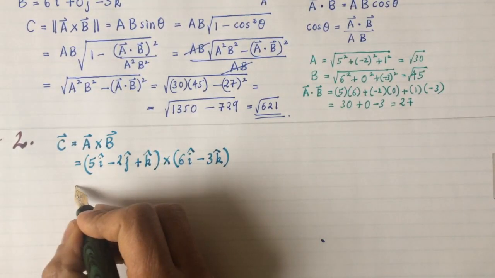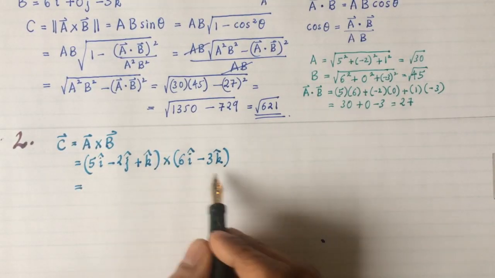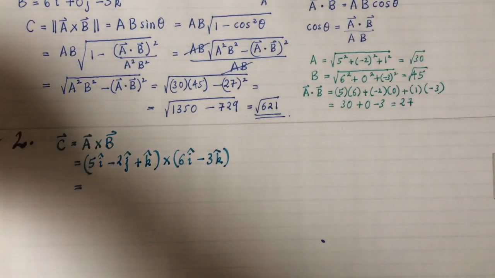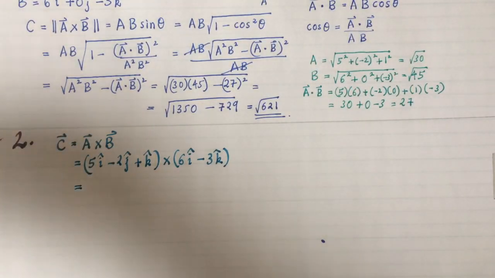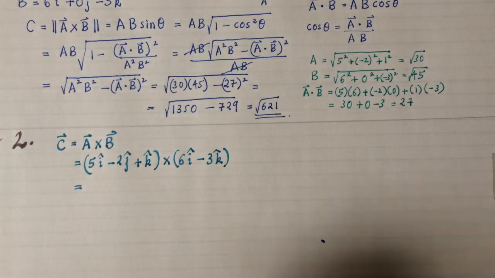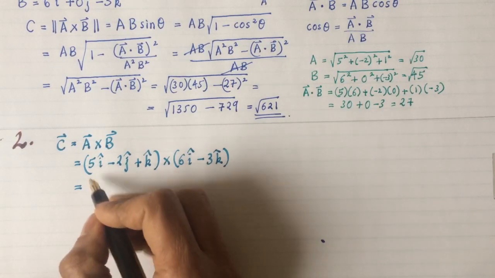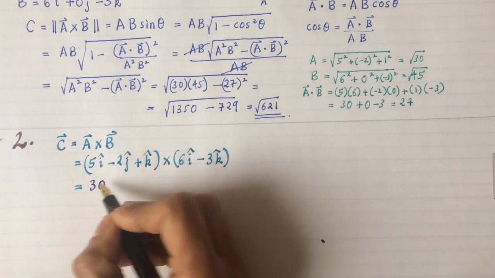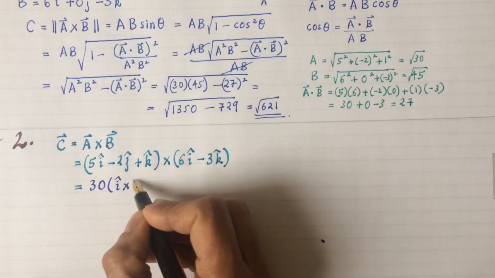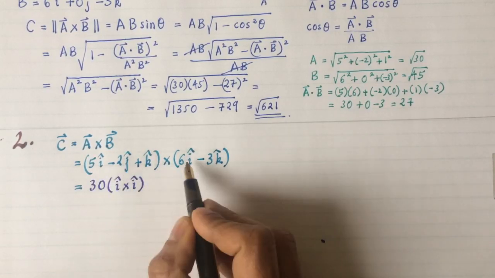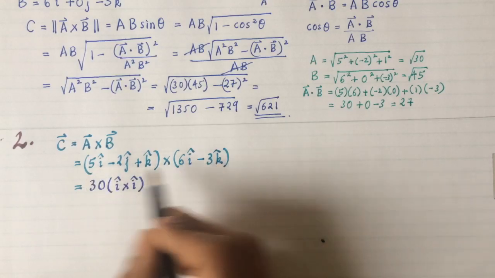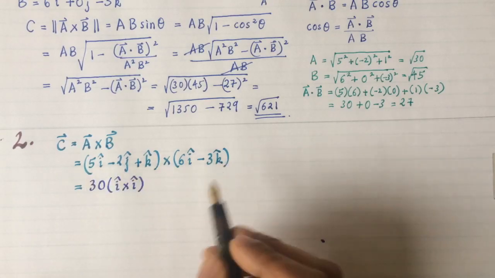And now what we do is we multiply this as though we were multiplying numbers, except we'll respect the appearance of the cross product between these unit vectors. So 5 times 6, it's 30 i hat cross i hat, and then I'll do each one of these things with this term, and then I'll do each one of these things with that term.